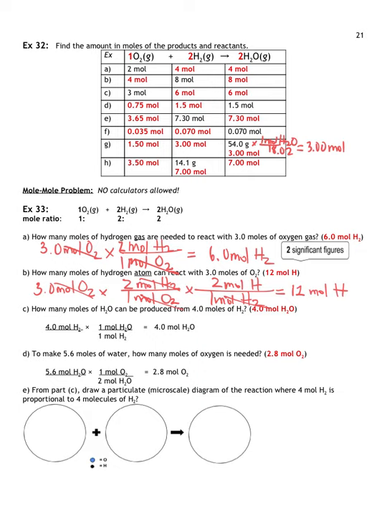In E, you're asked to draw the particulate diagram for 4 hydrogens, where the reaction is such that 4 moles of hydrogen is proportional to 4 molecules. In other words, instead of drawing 4 moles of hydrogen, which is pretty large, like 2.4 times 10 to the 24 molecules of hydrogen, which is a lot of particles to draw, too many for me to be able to draw in one lifetime, I am going to instead treat the 4 moles as 4 molecules because I'm going to represent the microscale.